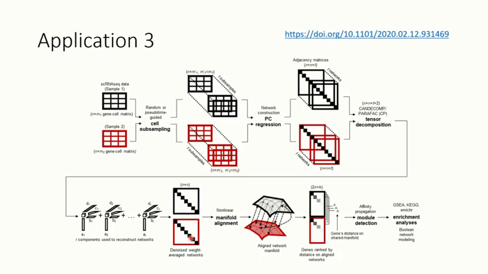It allows people to compare two samples, not just directly comparing the mean, but looking at the differentially regulated genes between two samples. So those are applications of tensor decomposition for denoising purposes, and also manifold alignment in order to learn the nonlinear relationship between genes in the two networks.